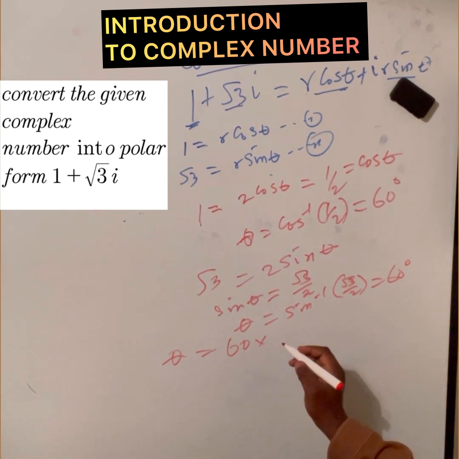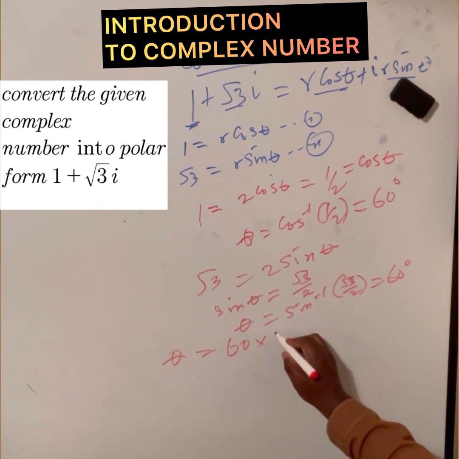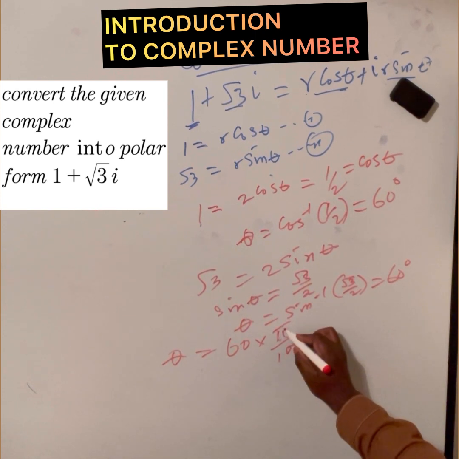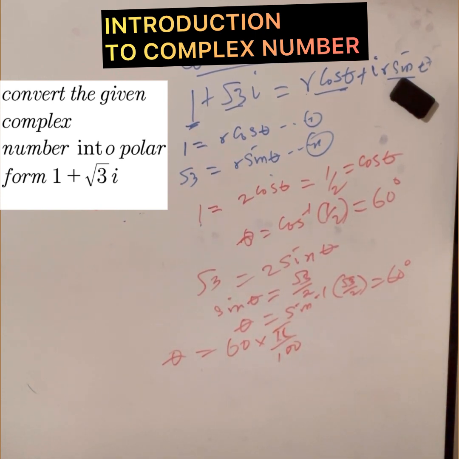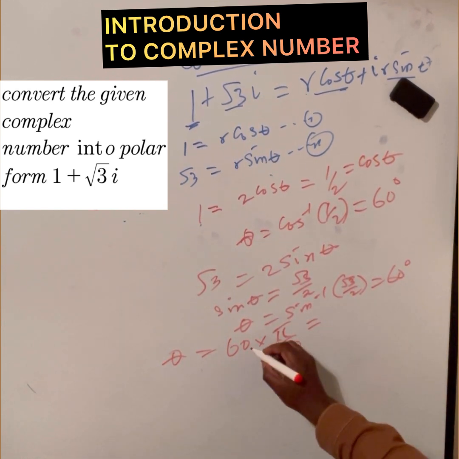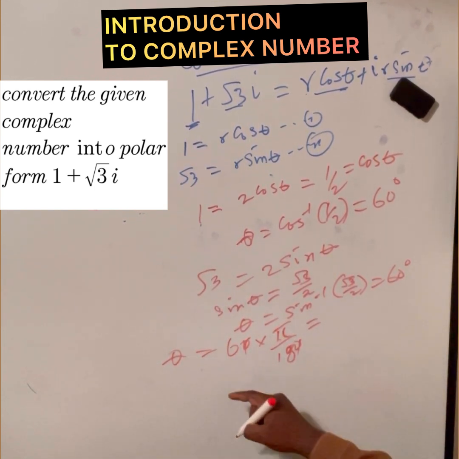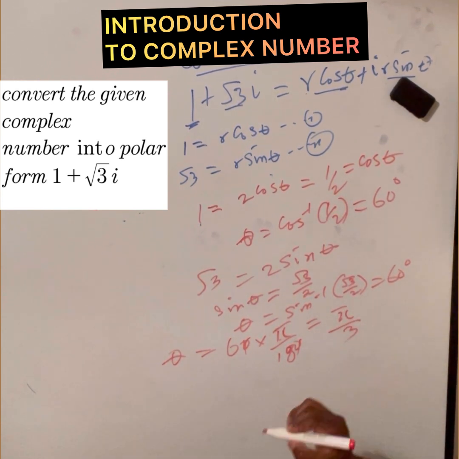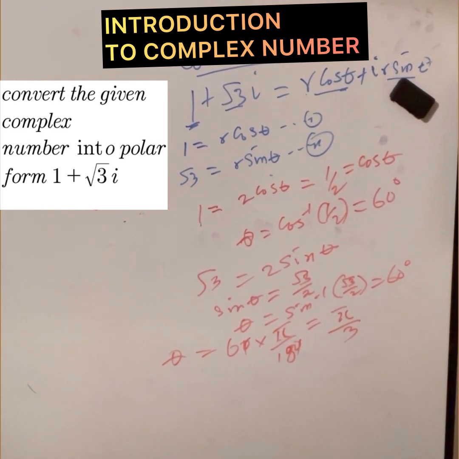You can just convert to radians. You multiply by pi over 180, because you're converting an angle from degrees to radians. That will be equal to, this will cancel this, 180 divided by 60 is going to give me 3. So I will have pi over 3. That is the argument.